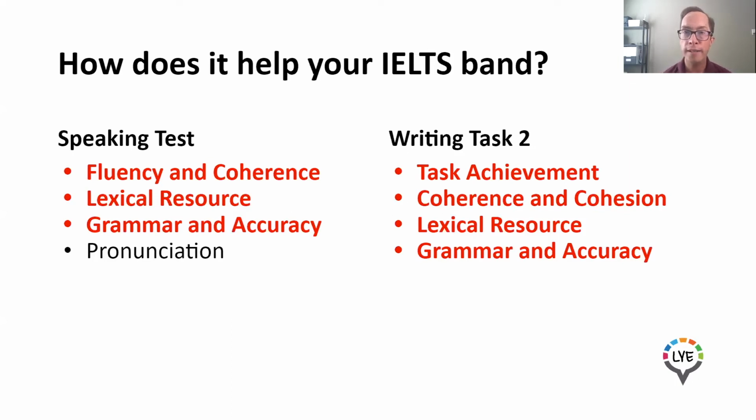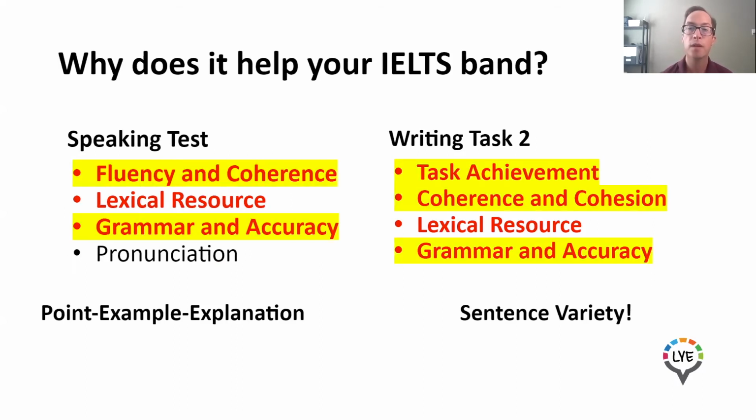Well, why is this important for the point, example, explanation pattern? This pattern can actually help you with these key areas. Fluency and coherence are impacted because the pattern helps you speak faster and it helps you connect your ideas.